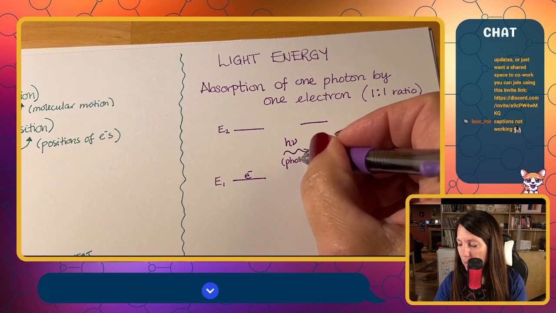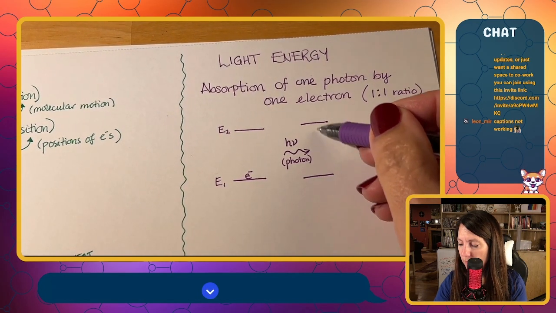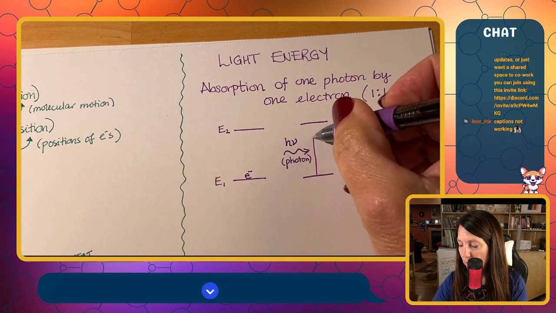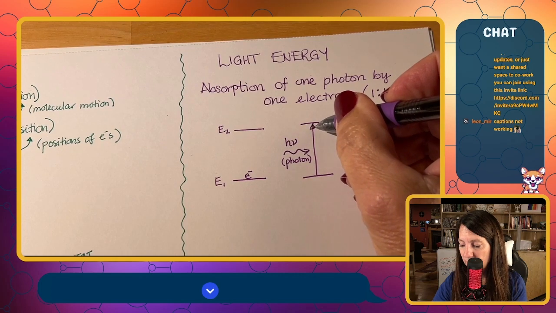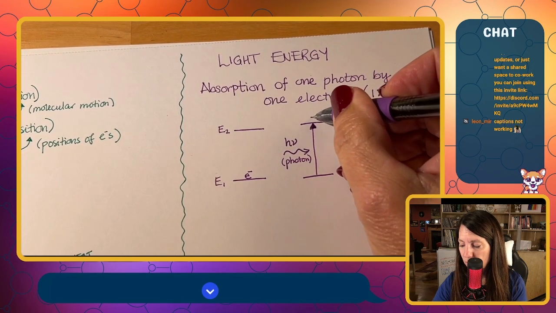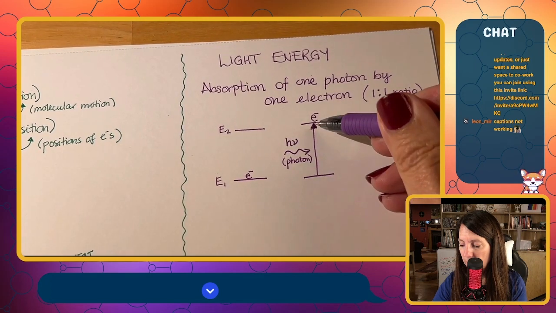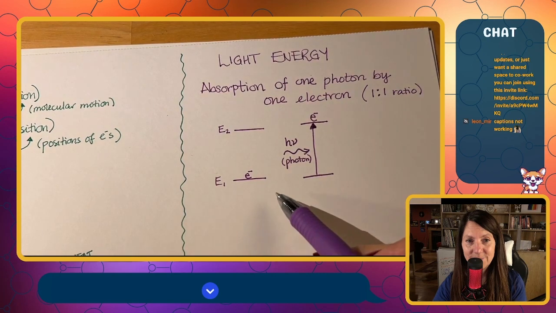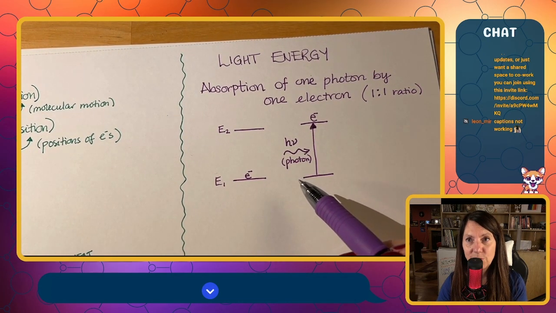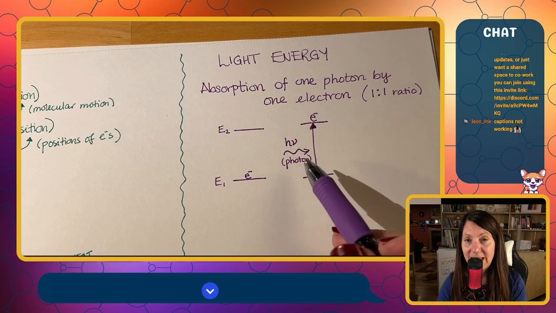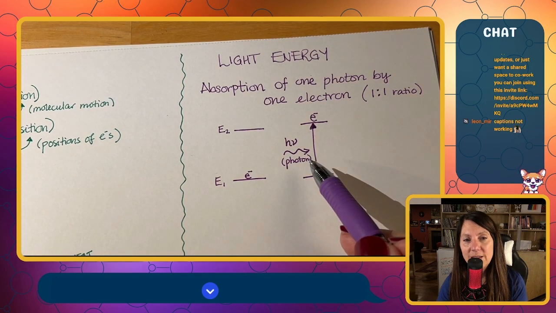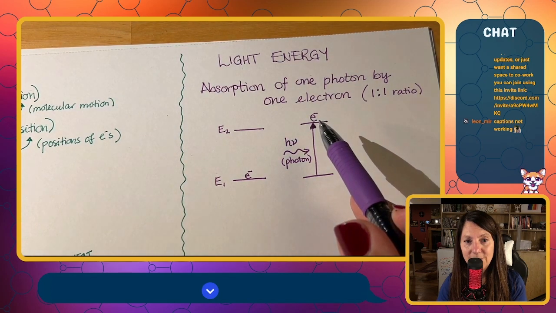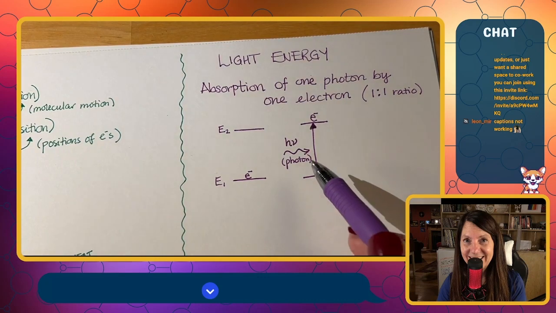That this photon that has this exact amount of energy causes a transition or an excitement of that electron and causes it to get excited up into this higher energy state. So look at this. In terms of this whole concept of conservation of energy, we've got light energy being converted into this potential energy of the electron.